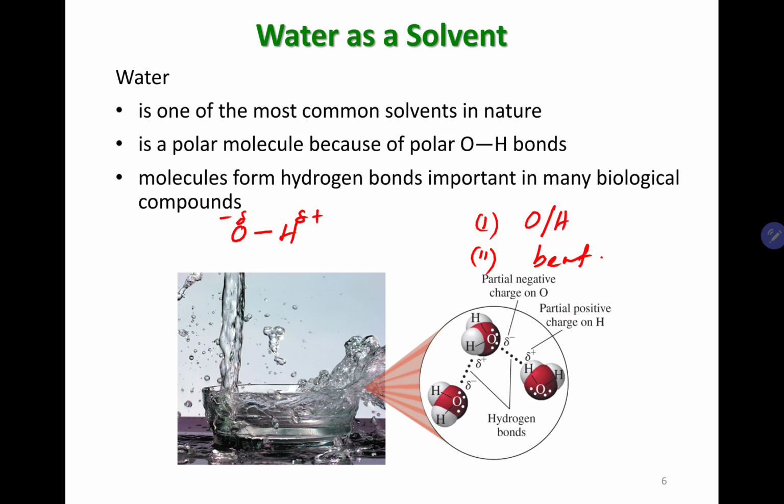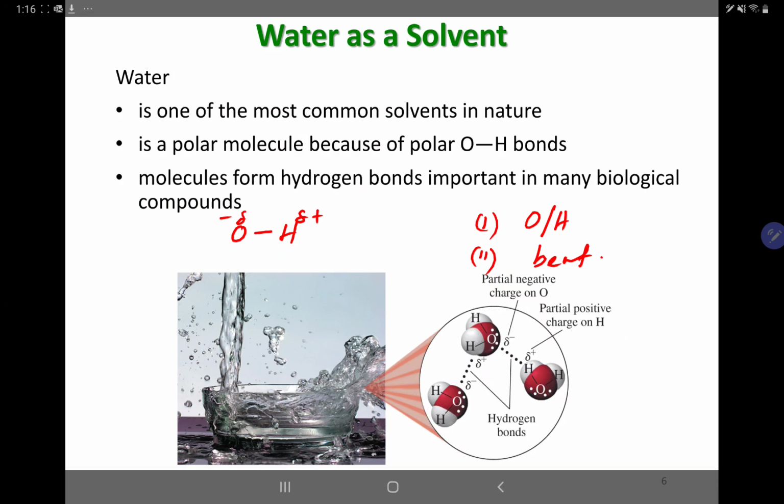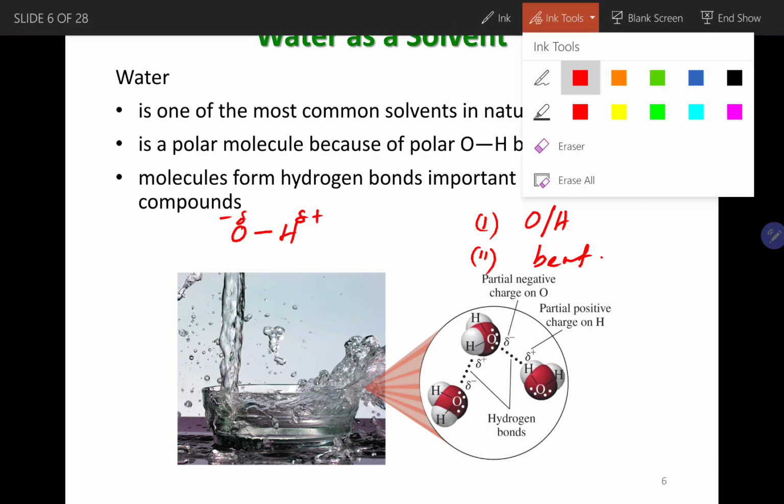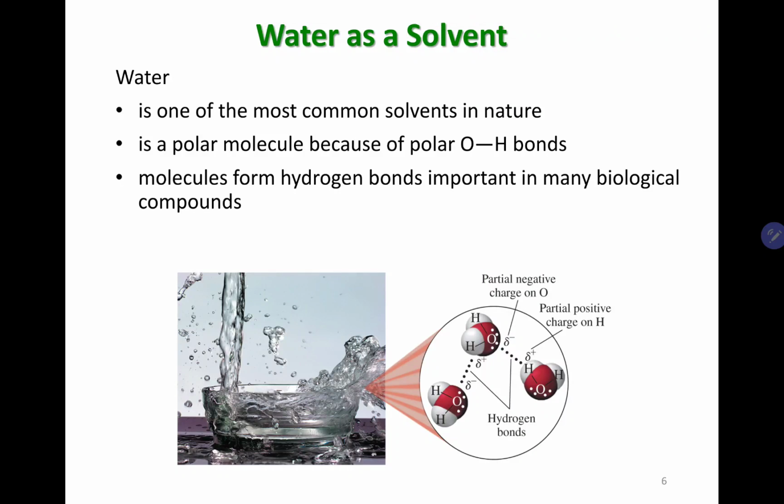Not only that, water has the capability to form hydrogen bonds among water molecules as well as between water and other molecules. The primary ways of attraction for water molecules are hydrogen bonds. If you remember, hydrogen bonds are intermolecular interactions, and they are the strongest intermolecular interactions.